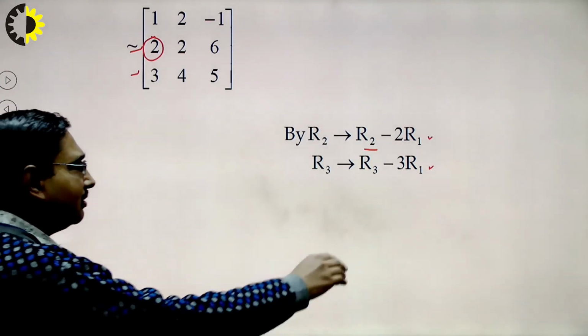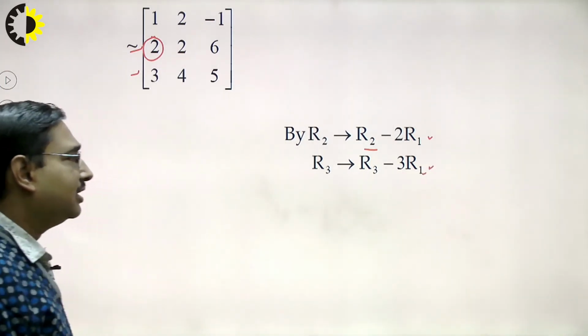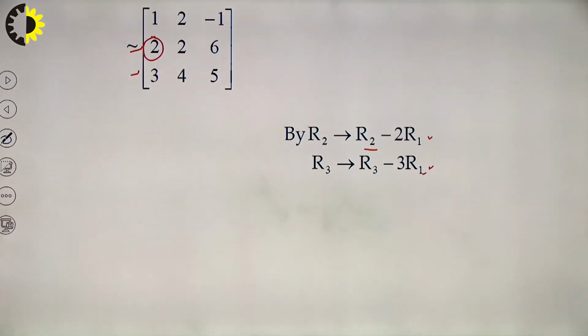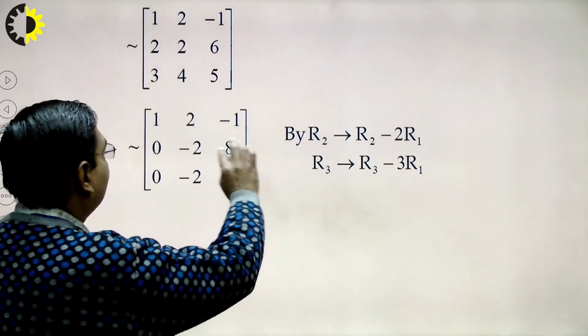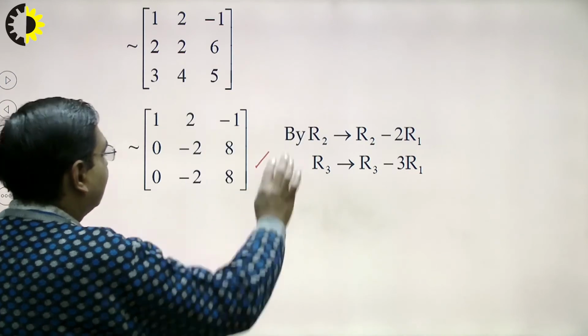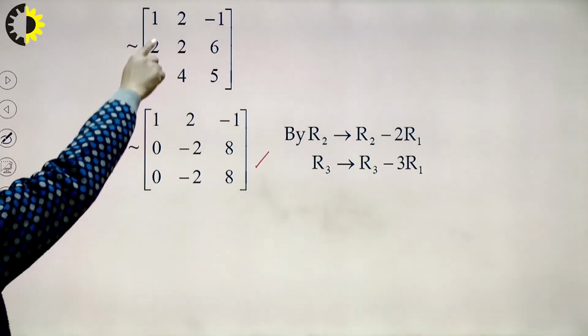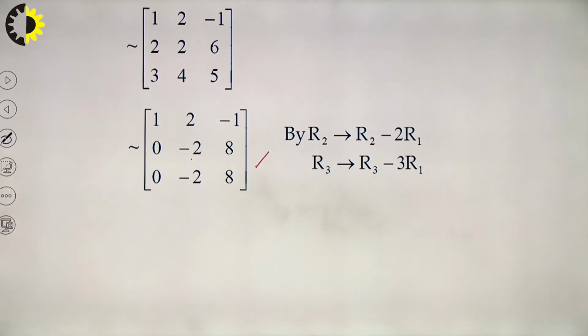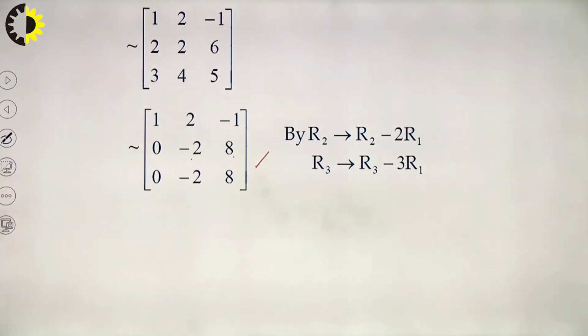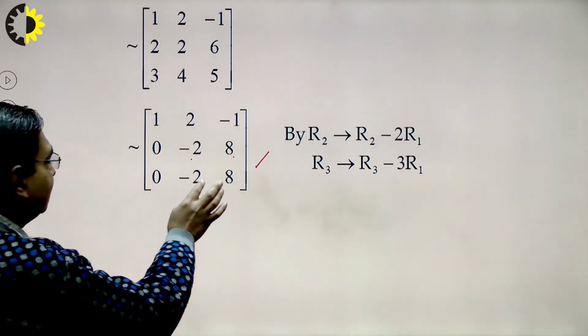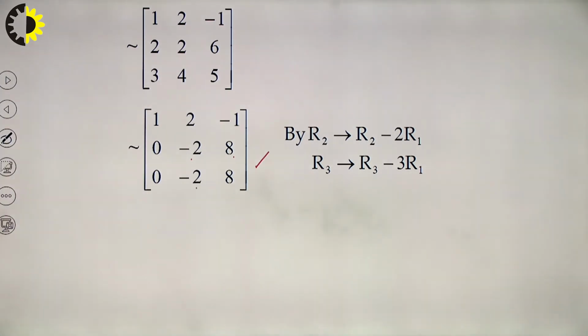When I apply this transformation R3 replaced by R3 minus 3 R1, this element will be transformed to 0. Applying these transformations, I obtain this matrix. 2 minus 2 times of this gives minus 2, 6 minus 2 times of minus 1 gives 8, and similarly this is 0, minus 2 and 8.